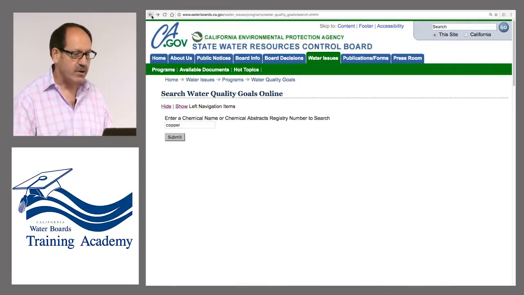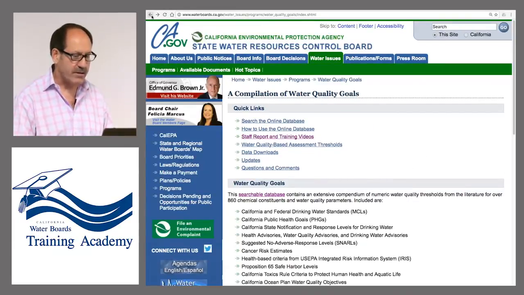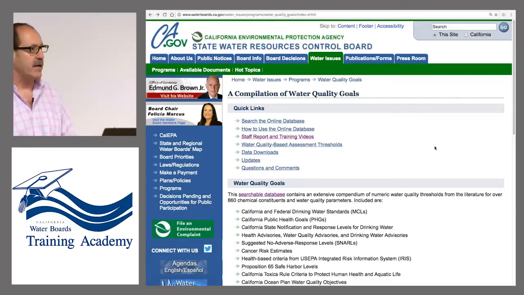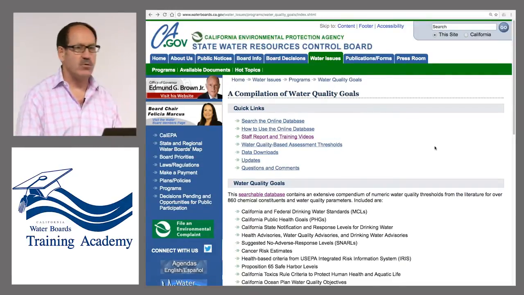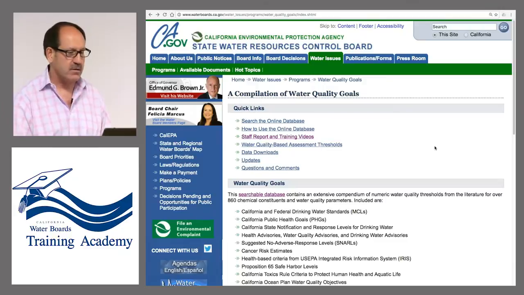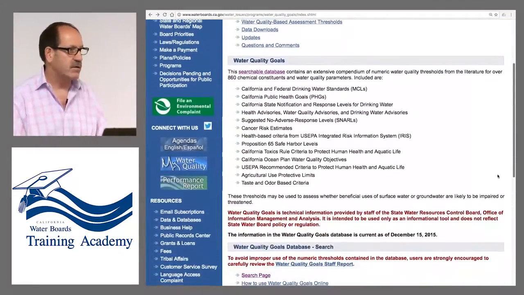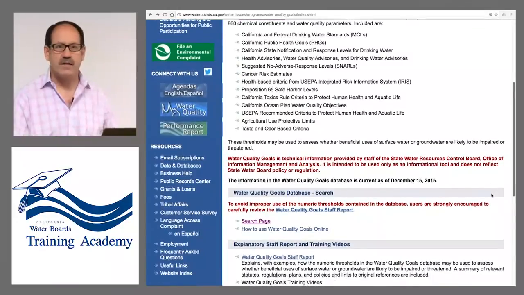Okay, I'm going to go back to the page again, just to run down again what is found here, because some of you came in a little bit late, and I indicated at the beginning of the class you really don't need to take notes because it's all here. So we already looked at the searchable database. There is some language in bold red text that makes our attorneys happy, that this is not statute or regulation.